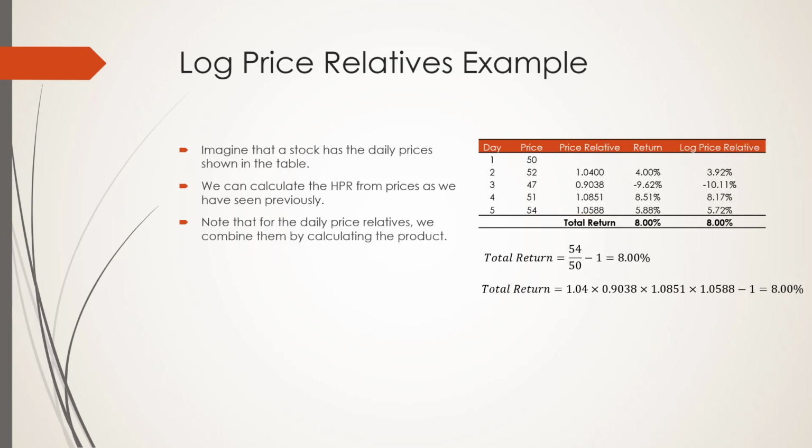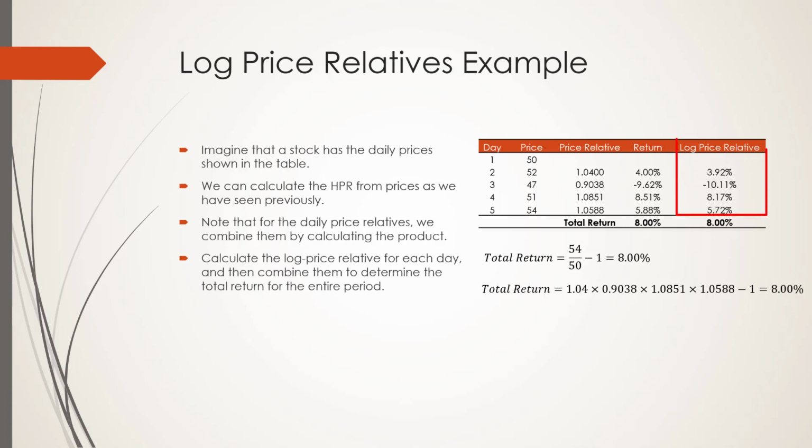The next one is 47 divided by 52, which is 0.9038, and so on. If we want to use the price relatives to calculate returns, and these are not log price relatives, just plain price relatives, what we do is multiply them all together and then subtract 1. The end result of 1.04 times 0.9038, etc., minus 1 is 8%, as you can see in that formula.